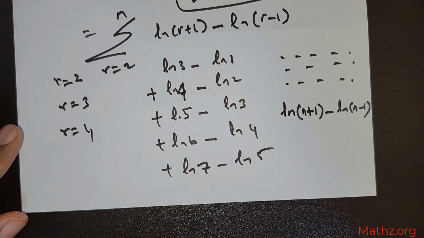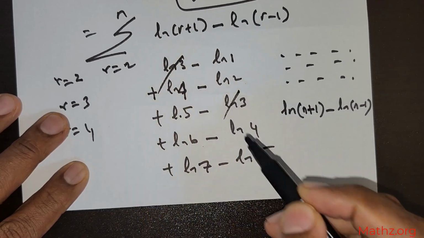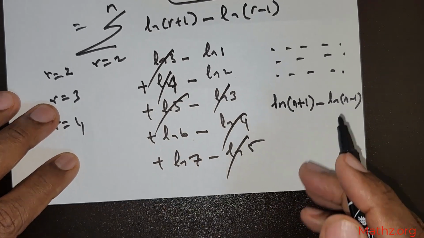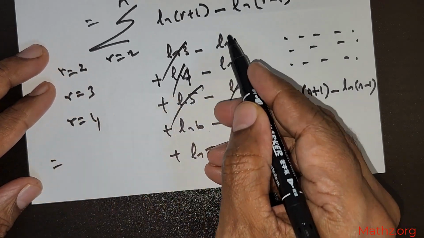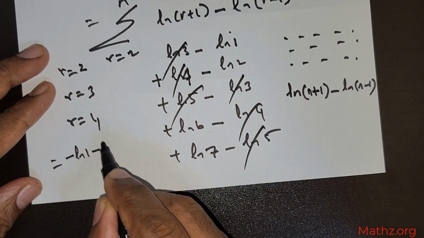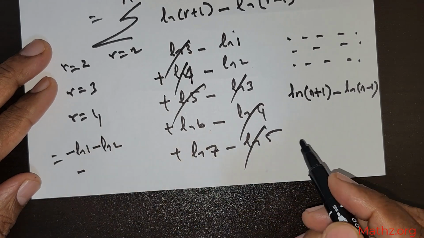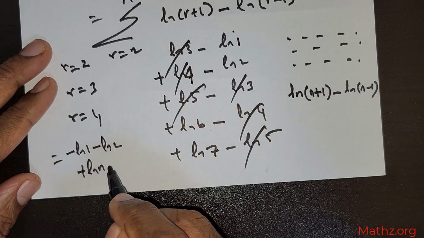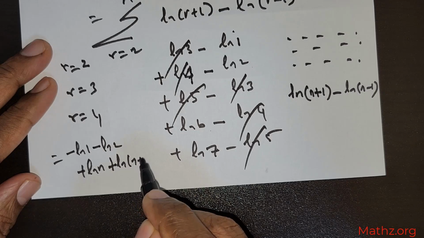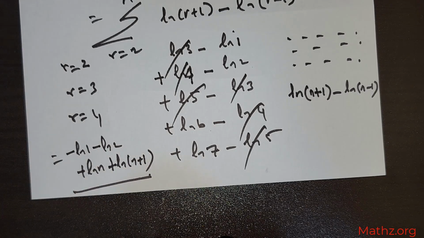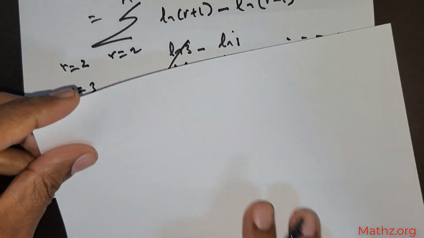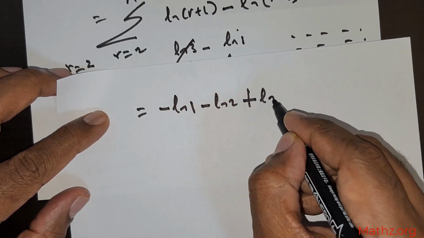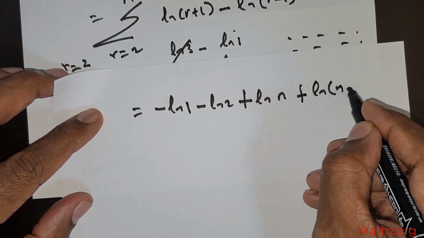Now if you were to cancel out, all of these values will get cancelled and so on and so forth, and finally what would remain would be negative ln 1 negative ln 2, followed by the positive values ln n and ln of n positive 1. This is what would remain. So if you were to rewrite this, you get negative ln 1 negative ln 2 positive ln n positive ln of n positive 1.